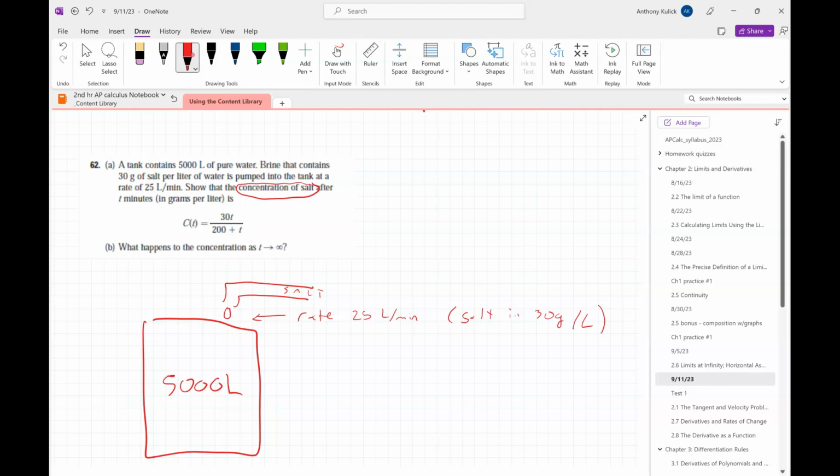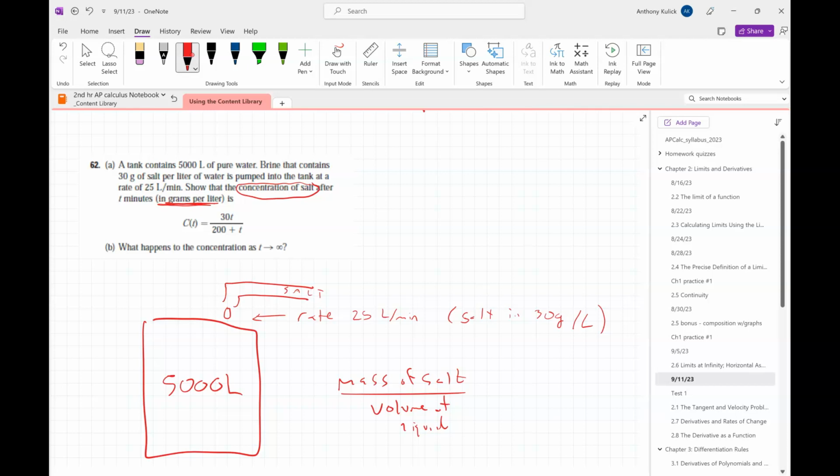But given what we have here, if we want the concentration of salt, it tells us in the problem grams per liter, so it should be mass over volume. So I want mass of salt over volume of liquid, right? Okay.